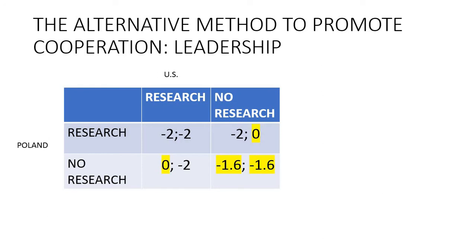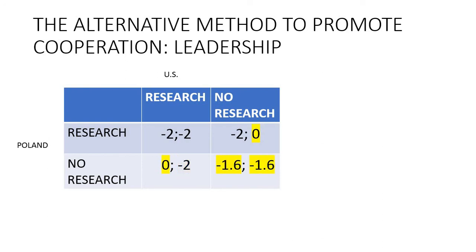The costs associated with having no vaccine will be higher for the United States than for Poland. So if you try to change the structure of this game accordingly, you will end up with something like this. And if you solve this, you will see that for Poland, no research is the optimal strategy, and for the United States, research is the optimal strategy.